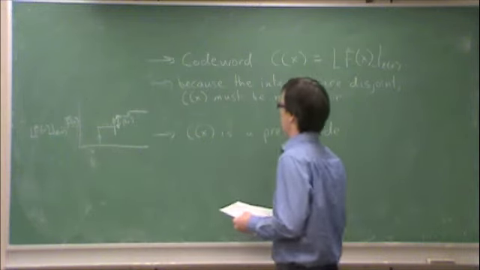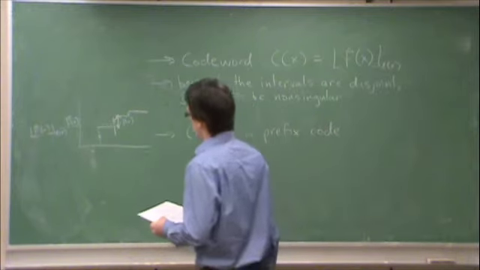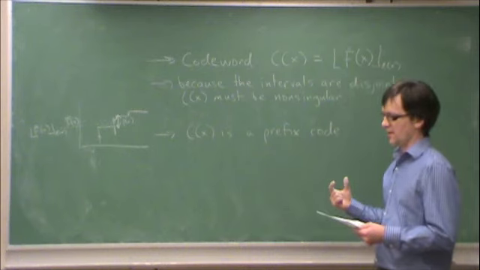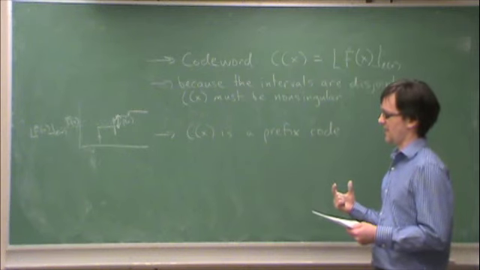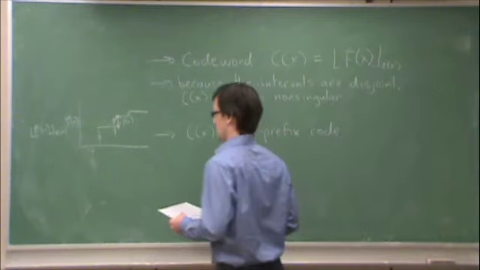So how do I show that? What does it mean for a code to be a prefix code? It means there's no code word for which a prefix is another code word. What does that mean in this case?